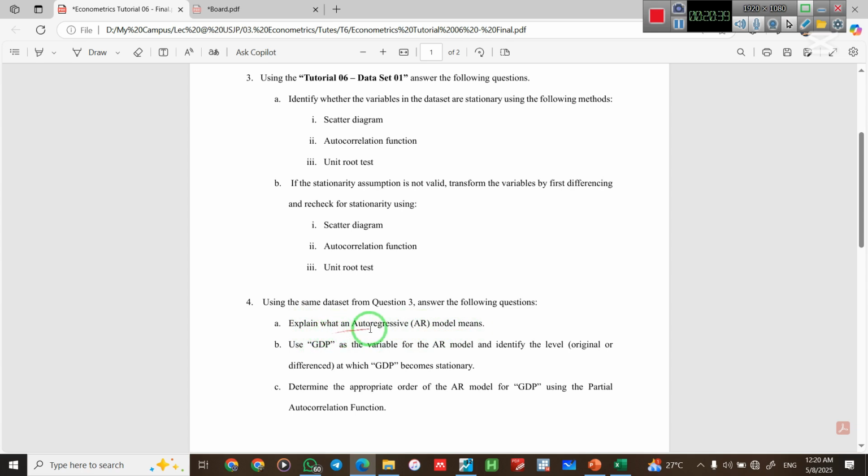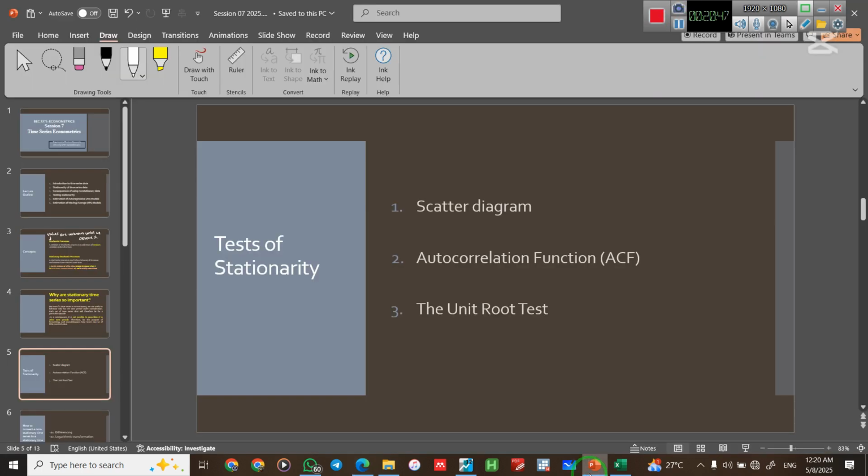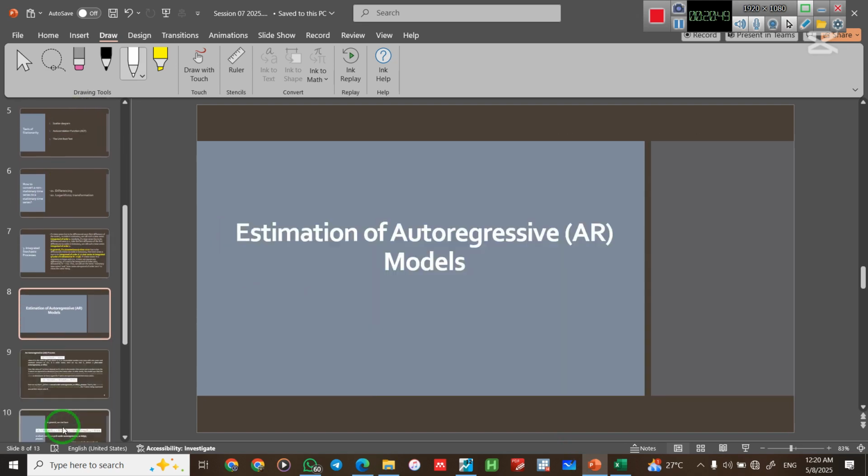Explain what an autoregressive model means. So you have learned this in your lecture. If we move to your lecture slide, the autoregressive model, or AR model, simply says that the present value of a variable, if we take the present value of a particular variable, is a function of its previous value, or we can say the present value is reflected by its previous value.